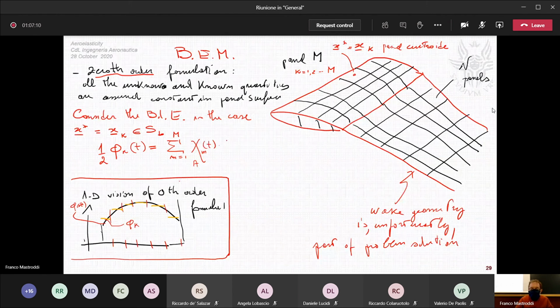by a matrix element like BKM. And what is BKM?